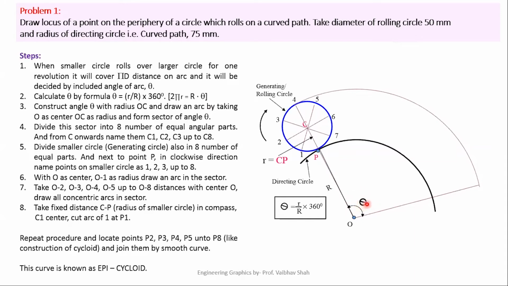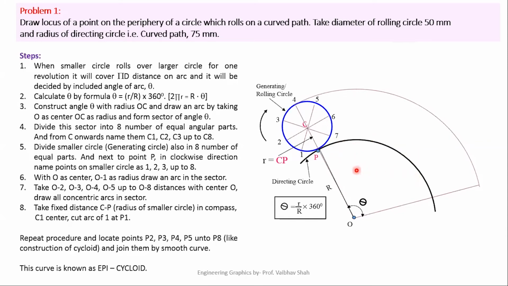Put theta into your calculator and divide it by 8, because we have divided this circle into 8 parts. You will get the angle of one part, and you measure each part separately on your protractor and plot the parts on this line.